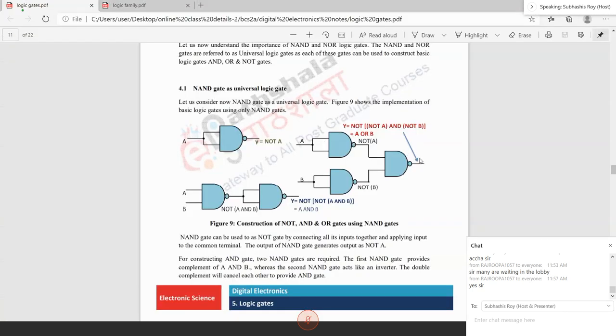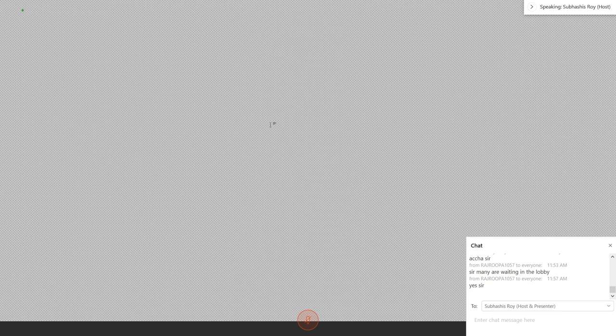This is how I am getting the OR output from this: A inverted and B inverted, right?